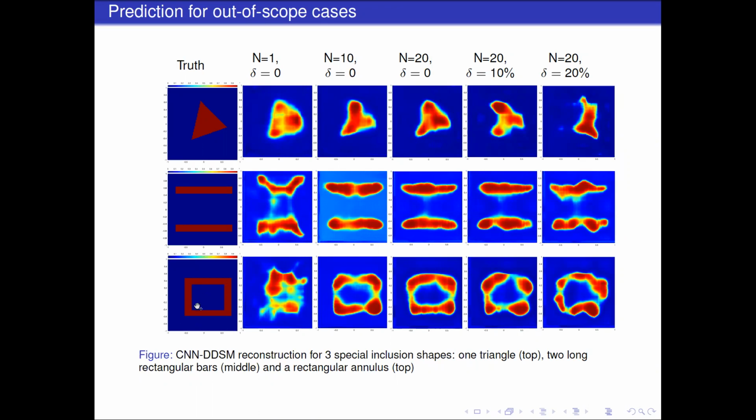Especially this lunar, which has a hollow center and is quite difficult to recover exactly. If you want a more accurate reconstruction, you can add those shapes into the training data set. And we also have some techniques to improve it. Let me show you later on.